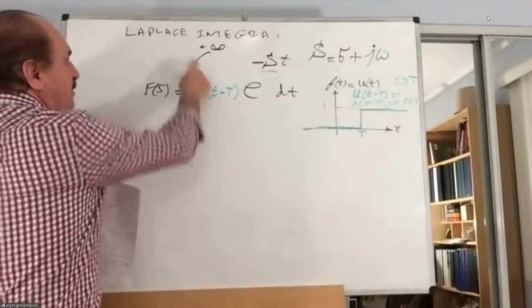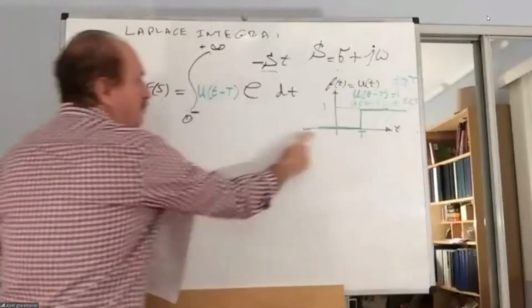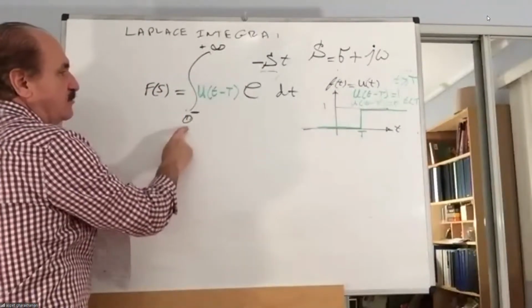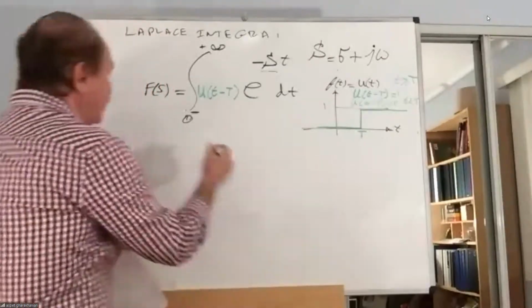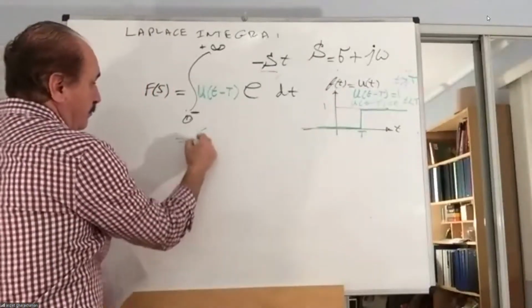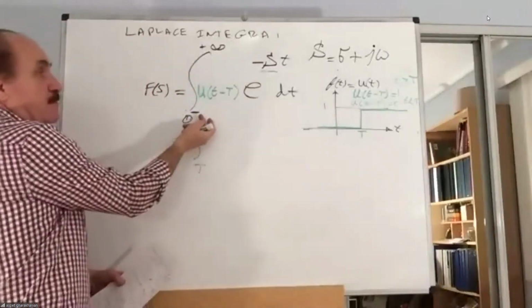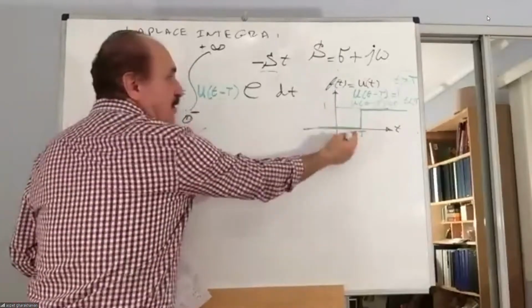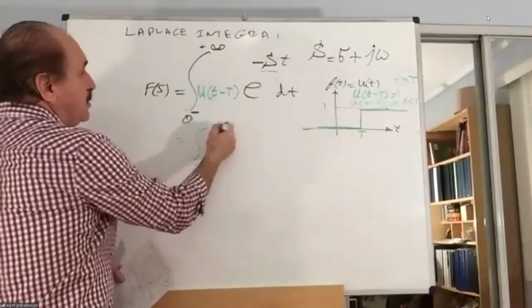When you're integrating that function, you notice that u of t minus T is 0 before T. So it's useless that I start from 0. I'm better off starting from T, because before that time the function is 0 here. It doesn't have any height.